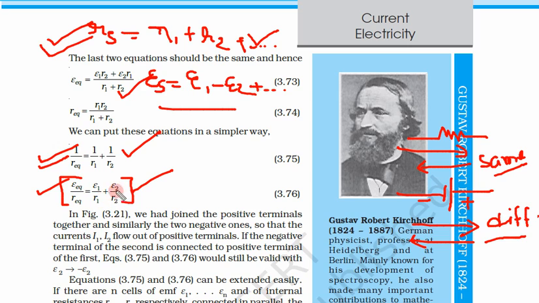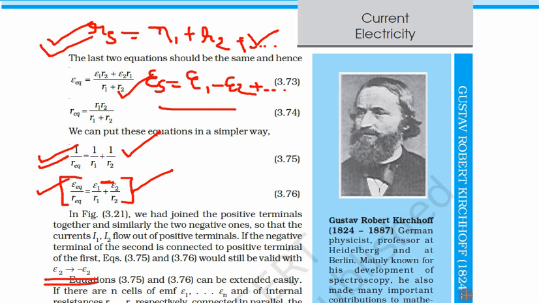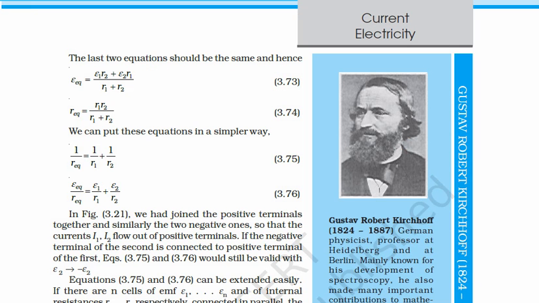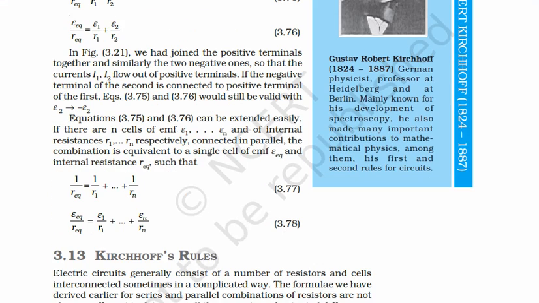The only thing is the battery's EMF, or the cell's EMF, would be negative. So this positive will become negative, and that is the only change. If any battery is reversed, epsilon 2 becomes minus epsilon 2. The battery that is reversed will be with the minus sign.